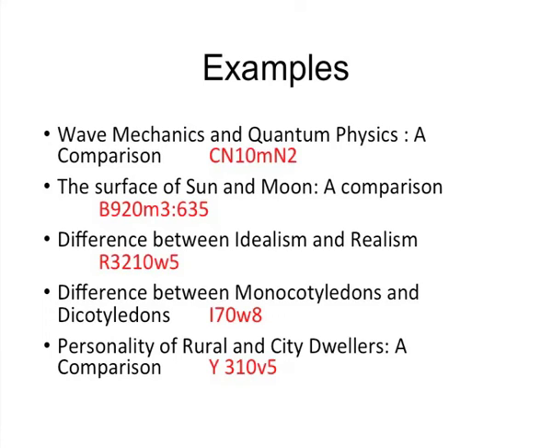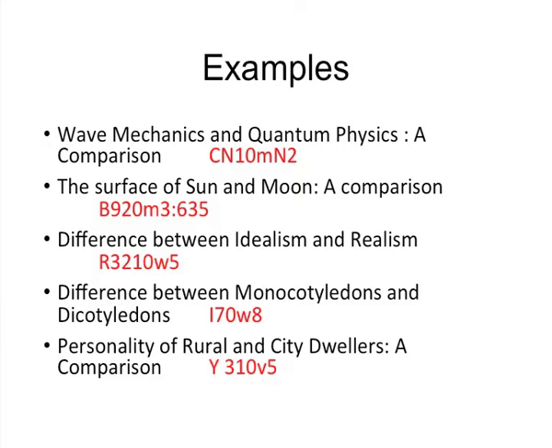Wave mechanics and quantum physics, a comparison. C n is wave mechanics, C n 1 and C n 2 is quantum physics. So, it becomes C n 1 0 m n 2. You need not repeat C here again, because this is from the same facet.